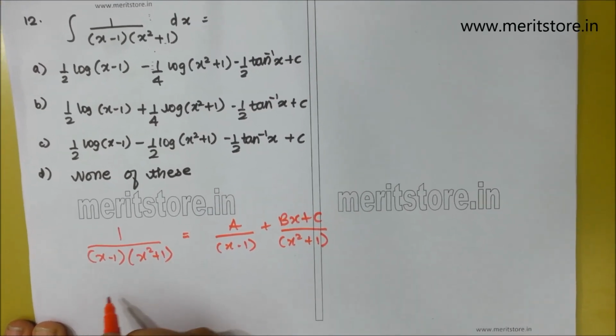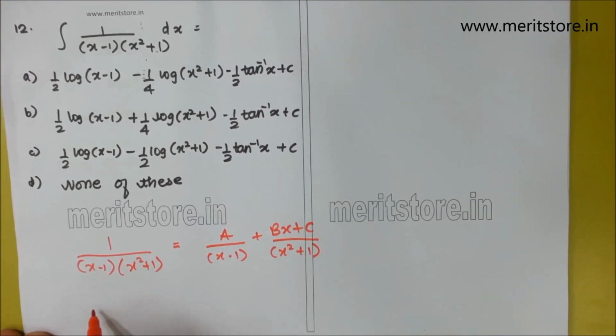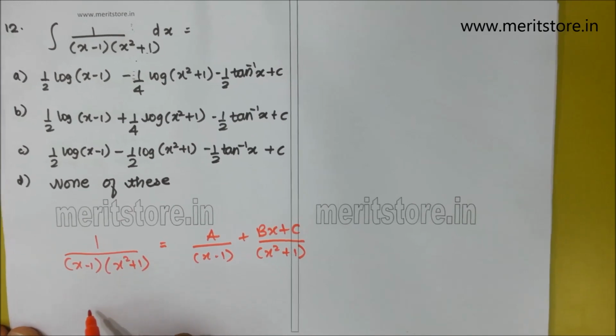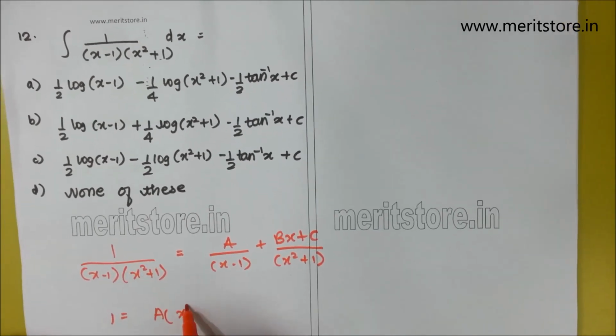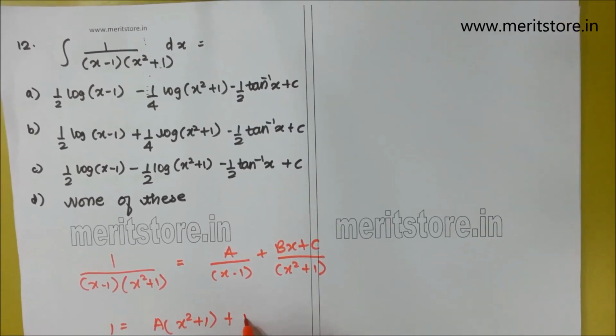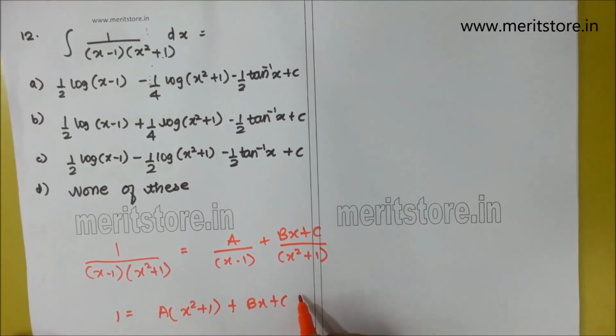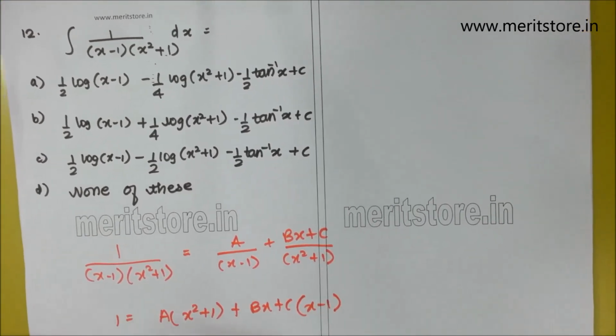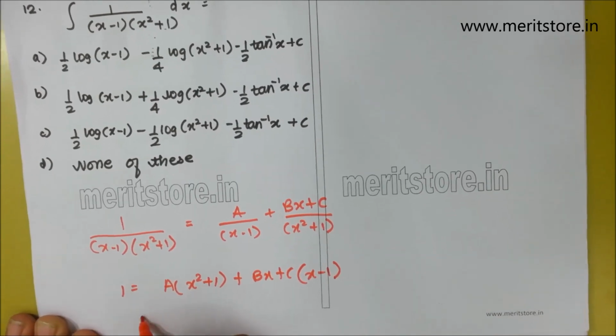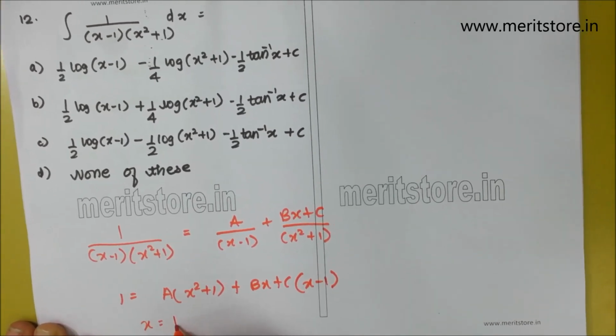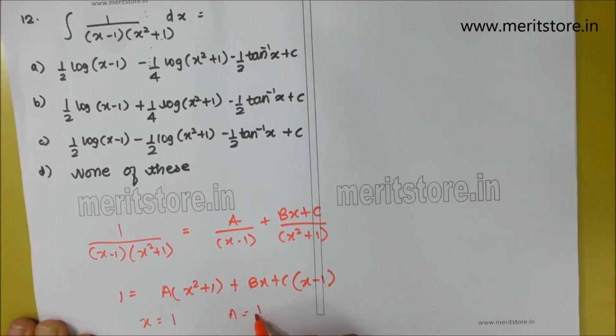Now to solve this question, equalizing the denominator and cross multiplying the terms, we get 1 is equal to a into x square plus 1 plus bx plus c into x minus 1. Comparing, if the value for x is equal to 1, a will be 1 by 2.